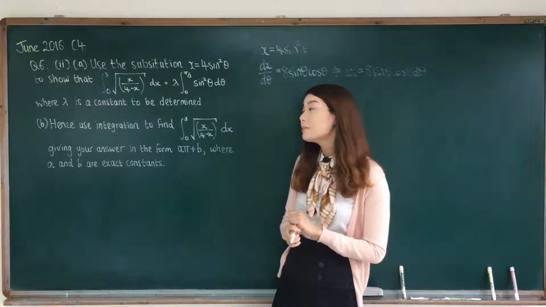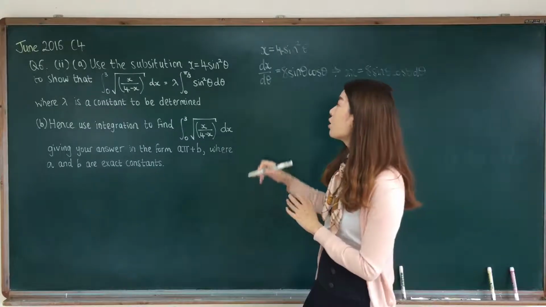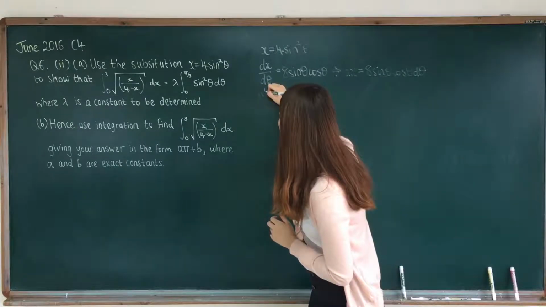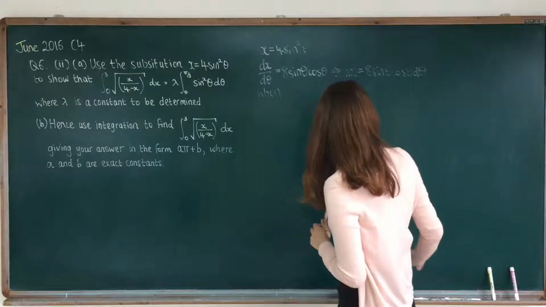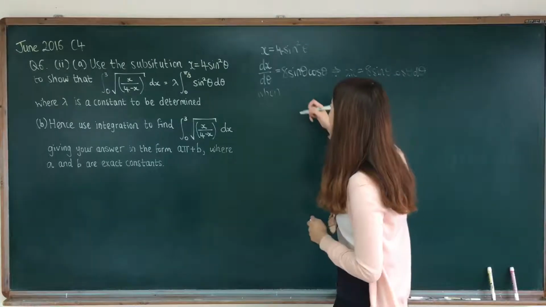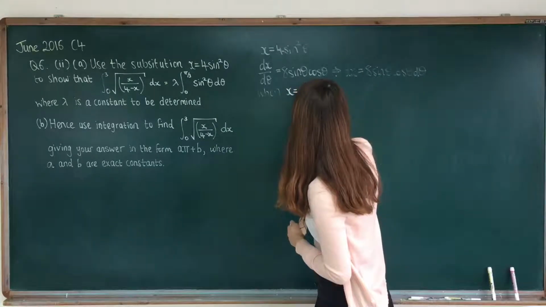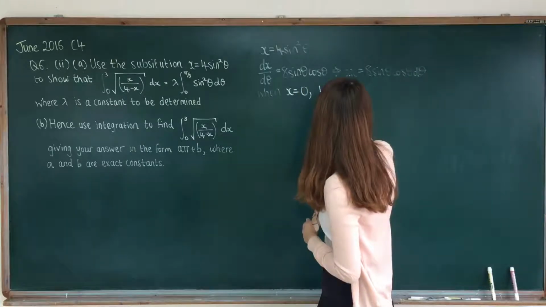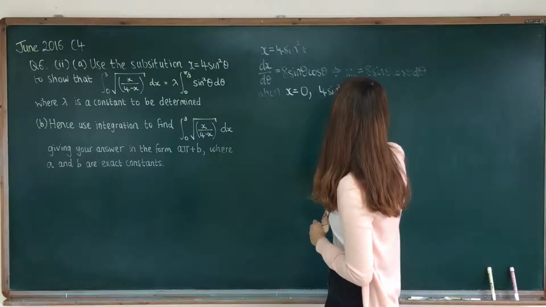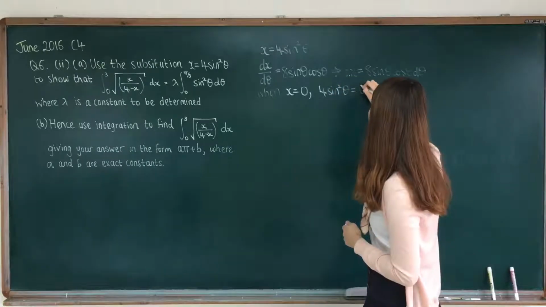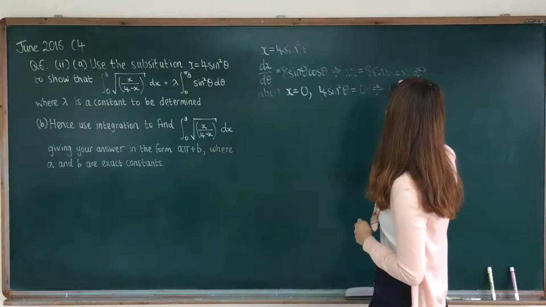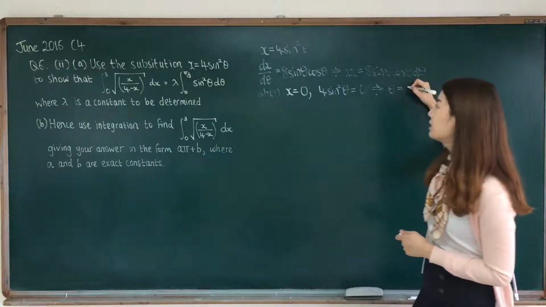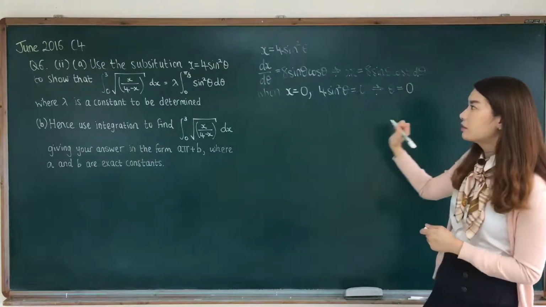We have to change our limits as well, so we're going to start with the lower limit. When x equals 0, 4 sine squared theta equals 0, and this gives us theta equals 0.